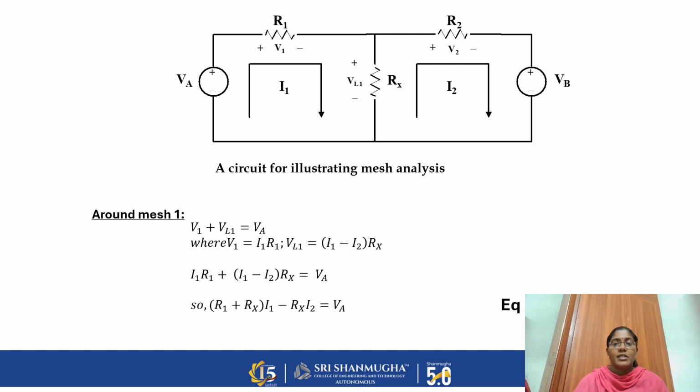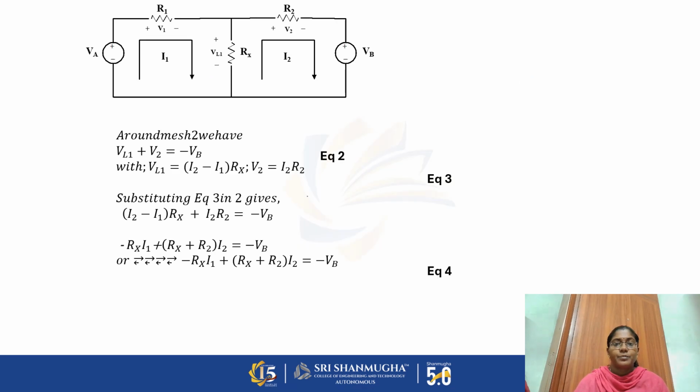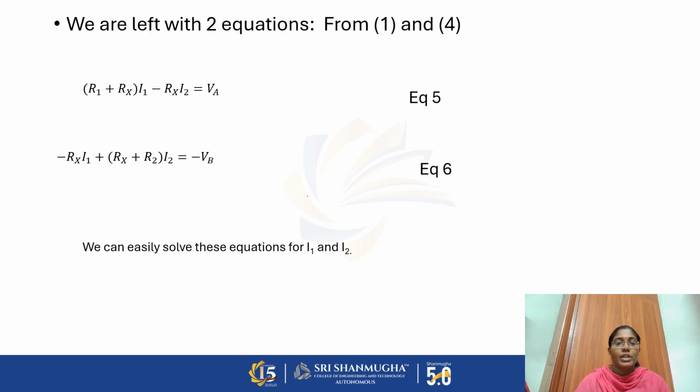Here you need to assign two mesh currents, I1 and I2, one for each mesh, and apply Kirchhoff's law in the same manner. After applying Kirchhoff's law, you will get two equations, and by solving these two equations, you can get the values of I1 and I2.